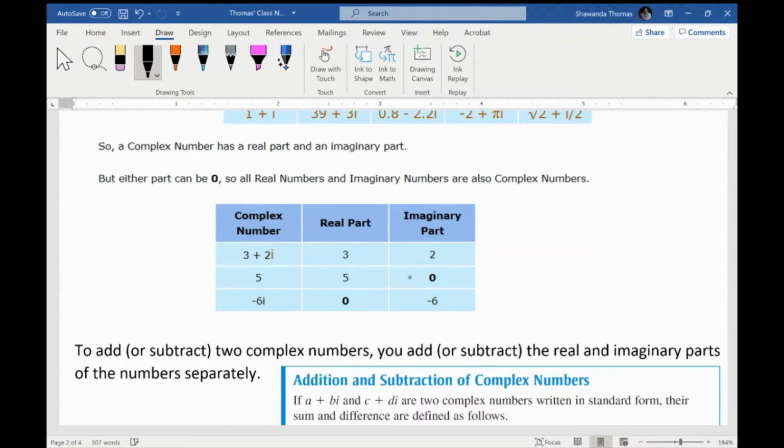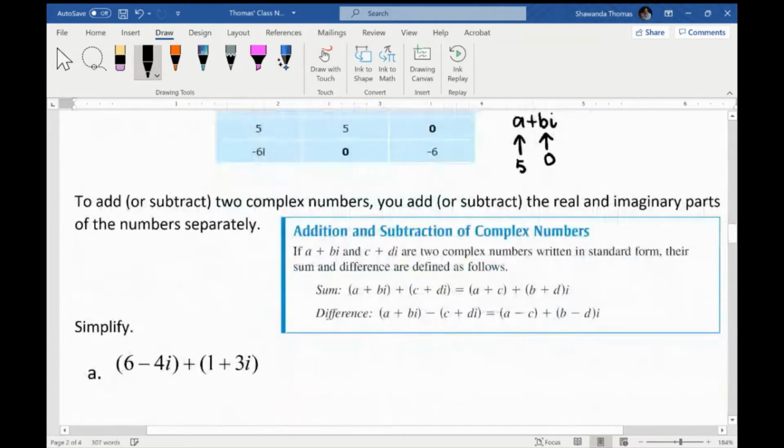Because if you have a + bi and you don't see anything attached to the i, then b must be 0. So a was 5, but b had to be 0. The next one, -6i: the real part this time would have to be 0, and the imaginary part is -6.